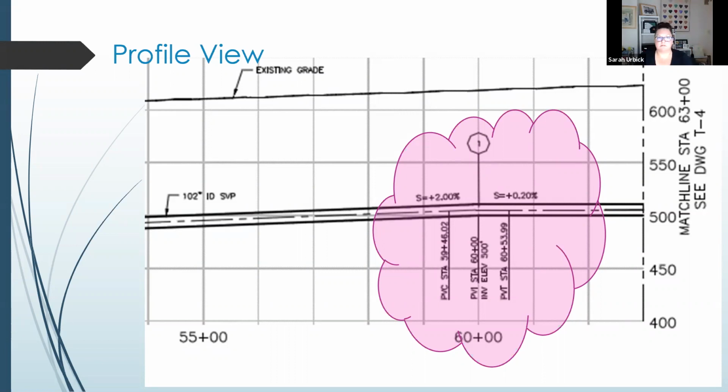PVI, point of vertical intersection of our tangential points. So we're going to be looking at basically the same kind of information, right? We're going to have a curve. We're going to have tangents that come off of that curve, meet at a point, at a midpoint, and give us additional information, allow us to make those calculations.